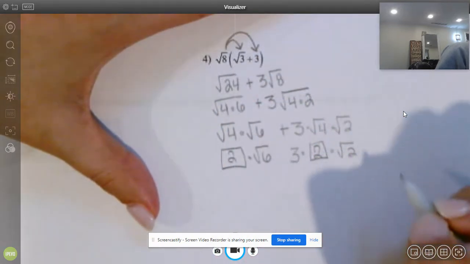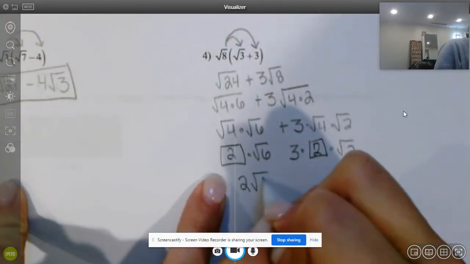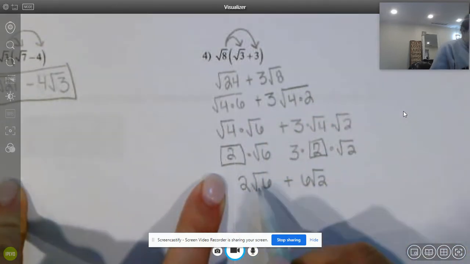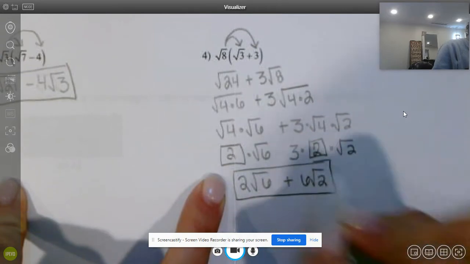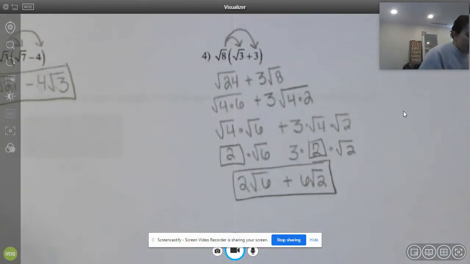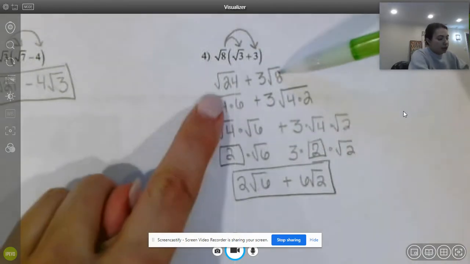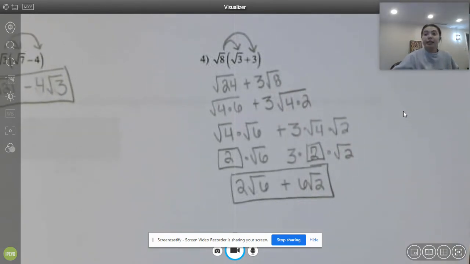The root 2 stays the same. And then this becomes 2 root 6 plus 6 root 2. And these do not combine. So actually this is the most simplified form of number 4. So even though 3 root 8 did not match the square root of 24, we could still break up the 3 root 8 into something that's simplified with a perfect square.